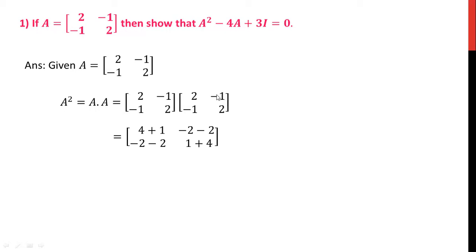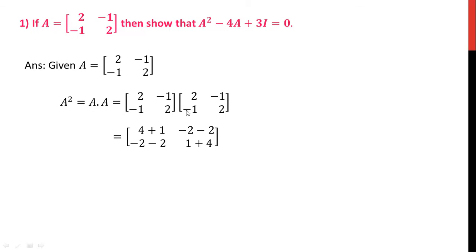So 2 into minus 1 is minus 2 and minus 1 into 2 is minus 2. So it is minus 2 minus 2. Then second row first column. So minus 1 into 2 is minus 2 plus 2 into minus 1 is minus 2. Check this.